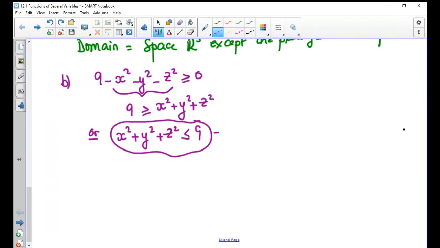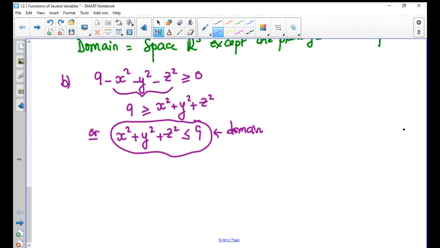This is where the domain is. So the domain is all the points in the space where x squared plus y squared plus z squared is less than or equal to 9.